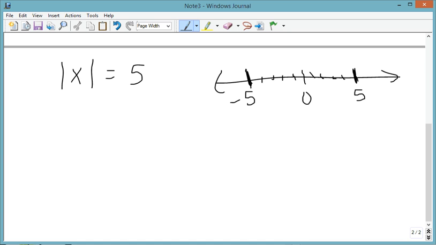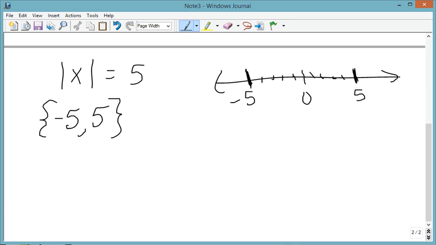Either one would work. So every time we have an equation with an absolute value, we're going to get two answers. My solution set is negative 5 and 5. So I would write my answer like that.